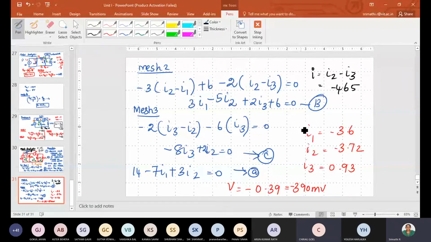What did you write for I2? Minus 3.73. What is your I3? Minus 0.93. Then it will be around minus 2.8. Your answer should be minus 2.8. Is it okay?